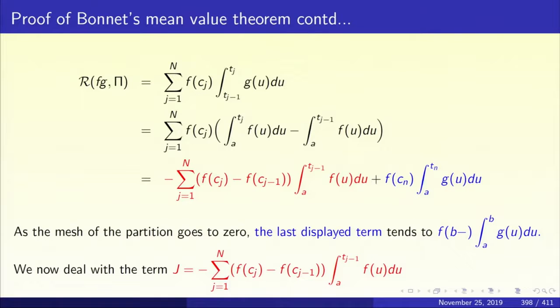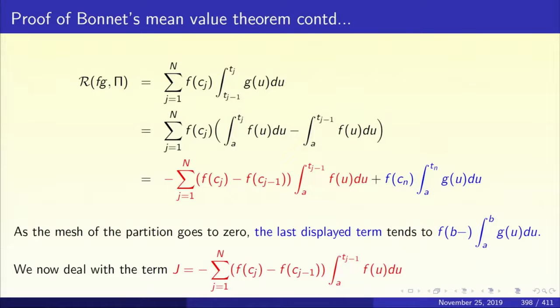Now we are ready to apply the rule for summation by parts. So it has become minus the summation from j = 1 to n of f(c_{j−1}) times the integral from a to t_{j−1} of g(u) du, plus the last term in the summation by parts, the a_n b_n term, f(c_n) times the integral from a to t_n of g(u) du.